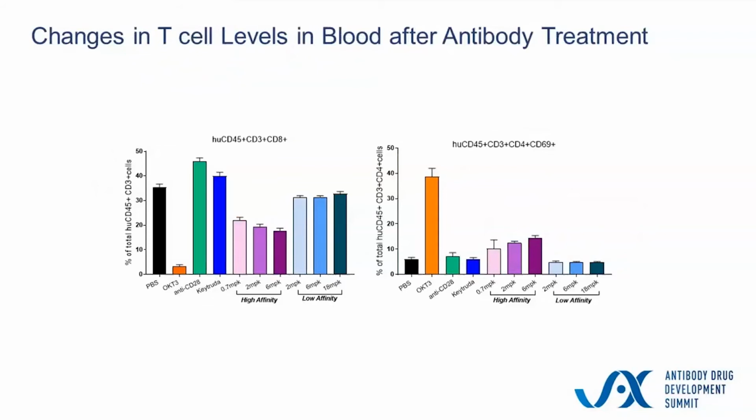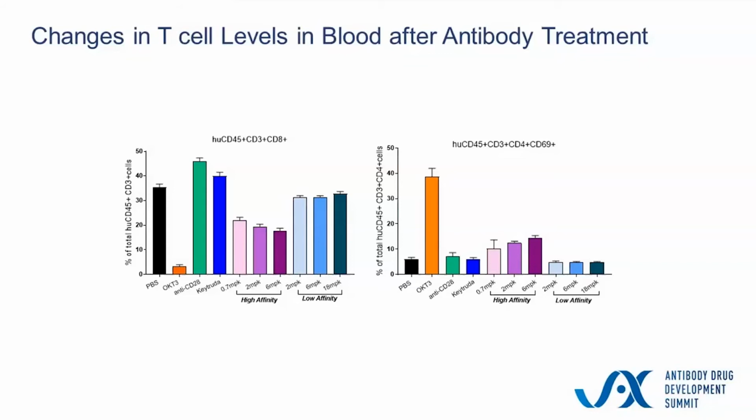One of the effects you see of these single treatments of this BiTE is a significant effect on the T cell population at 24 hours post-treatment. OKT3, which is the orange on the far left, essentially targets the CD8 population, and you see a dramatic drop in CD8 populations.